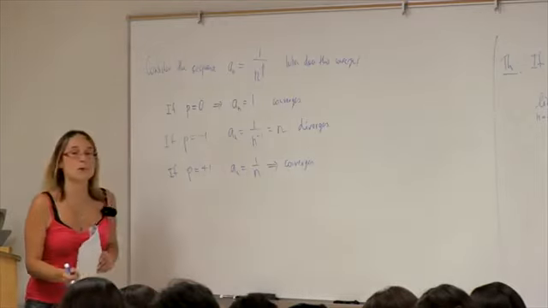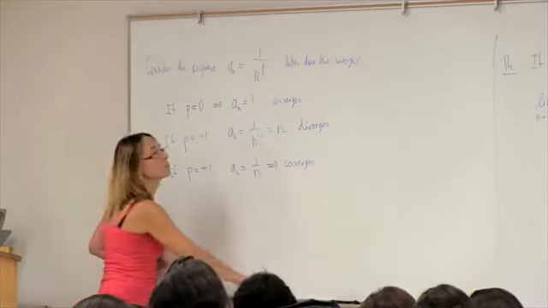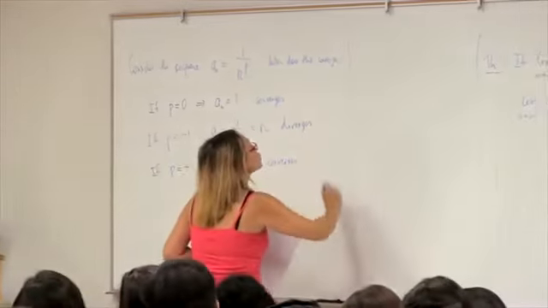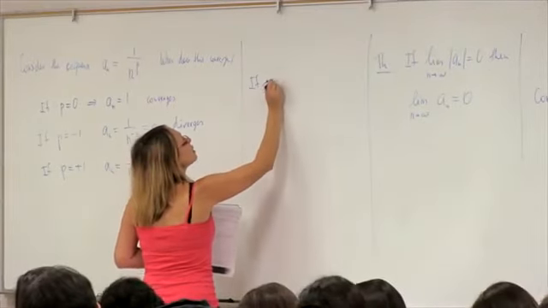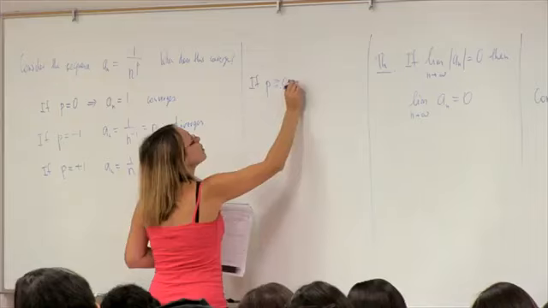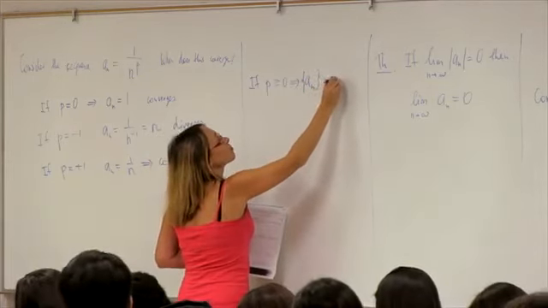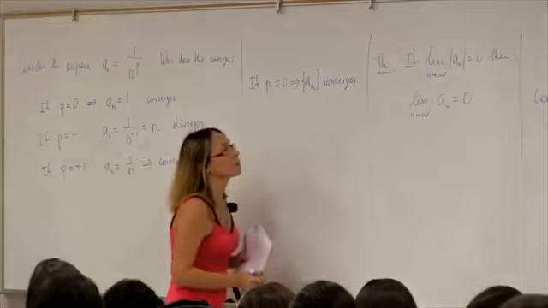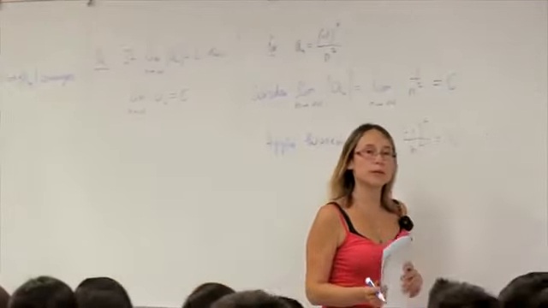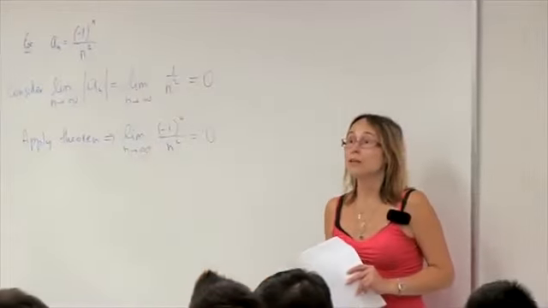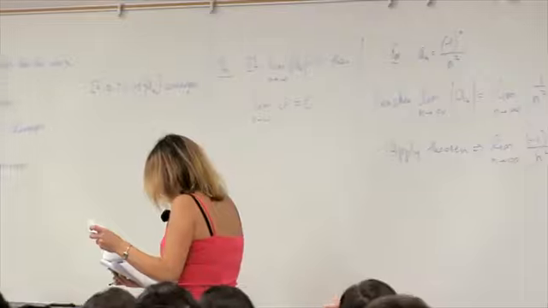So somehow we can see that depending on the sign of p, this sequence behaves differently. Okay? One can show that if p is greater or equal to 0, a_n converges. So this example that we just looked at involved 1 over n squared. This corresponds to p equals 2. Okay.